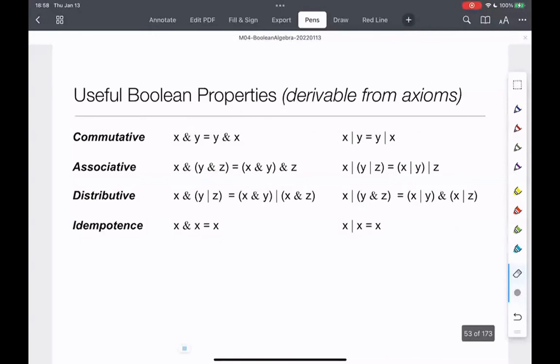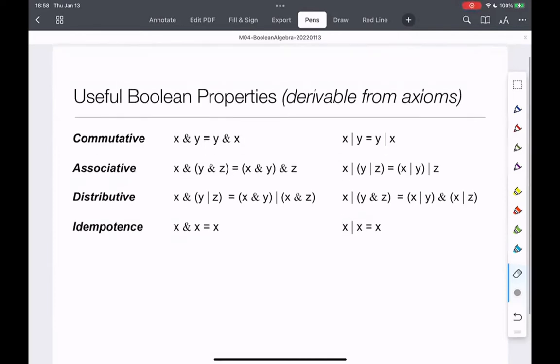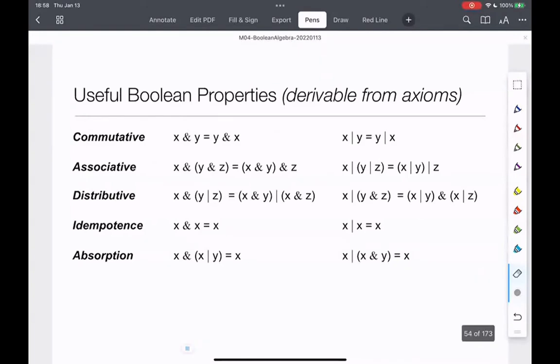Idempotence, which is X and X is X, and X or X is X. Absorption, so X and (X or Y) is the same as X, and the corresponding thing on the right hand side. Intuitively, this is super useful because I can easily eliminate things, right?